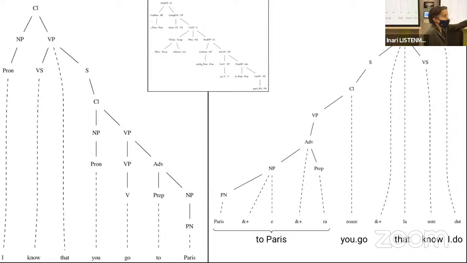And it's using these bind tokens that we saw yesterday, to glue an orthographic word together at runtime. Then, instead of "that you go", we have just one word again, which is basically "you're going".